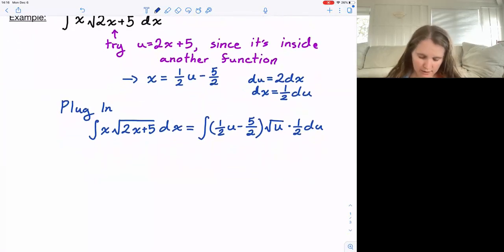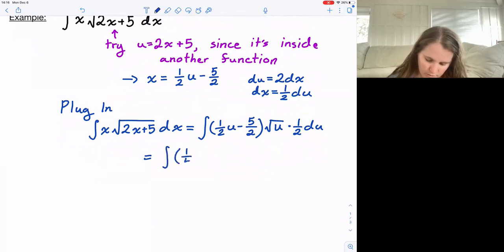So if we wanted, we can either multiply in our 1/2 or pull it out front. We're looking at the integral of 1/4 u minus 5/4, and then square root u is just u to the 1/2 du.